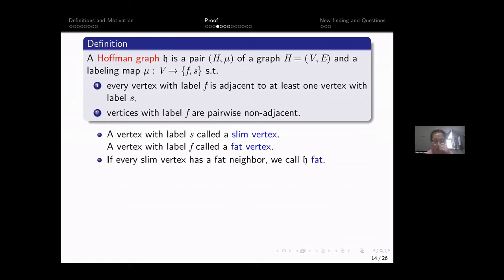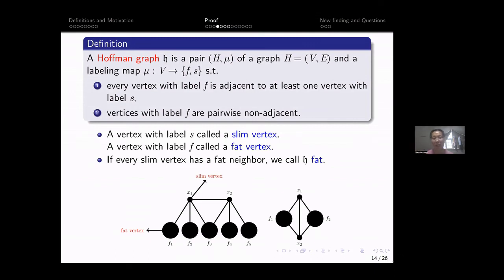And because the Hoffman graph is a very new definition, I will give graphs to show what Hoffman graphs are. Here, the left one is a Hoffman graph with two slim vertices. I draw them somehow very slim. You can see that the vertex is very small. And I draw the fat vertices as larger, big vertices.